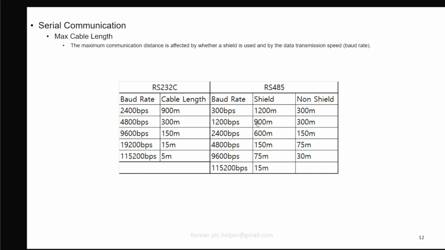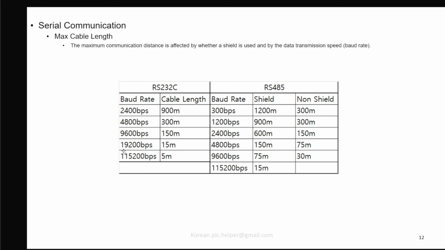As shown in the table, shielded and unshielded cables have different communication distance characteristics. In general, shielded cable helps reduce the effects of external electromagnetic noise.